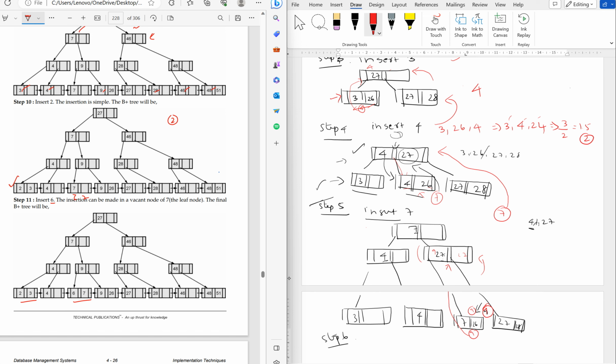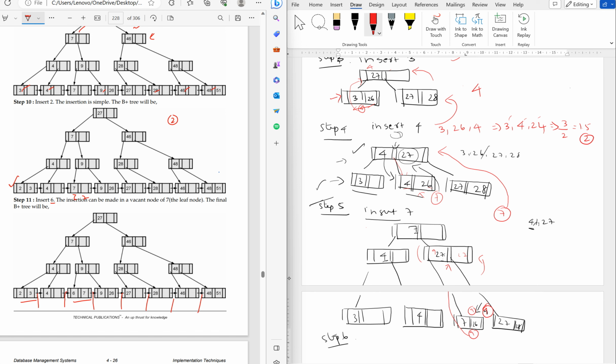One thing you have to notice is that a B plus tree has one additional feature: when we look at the leaf nodes, they are interconnected to each other. So here you can see these pointers. These are nothing but interconnections.